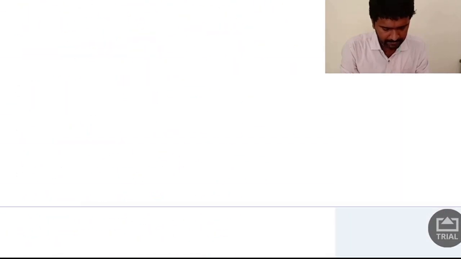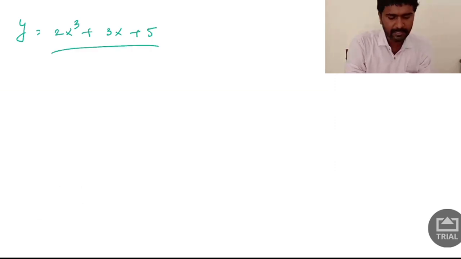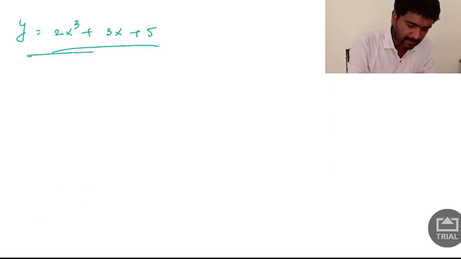Y equals 2x power 3 plus 3x plus 5. So this is the function. Now you want to find dy by dx.